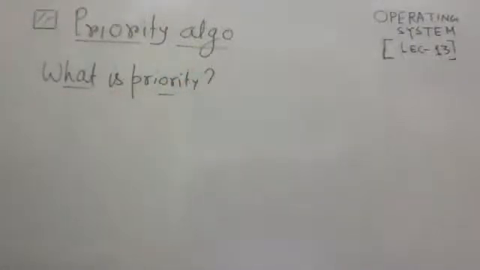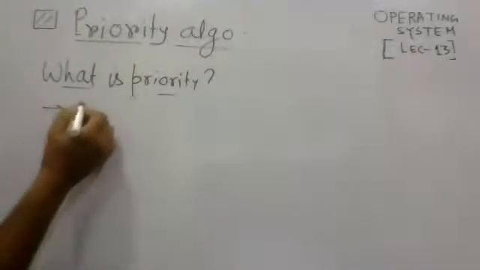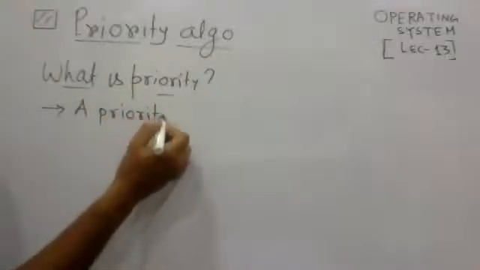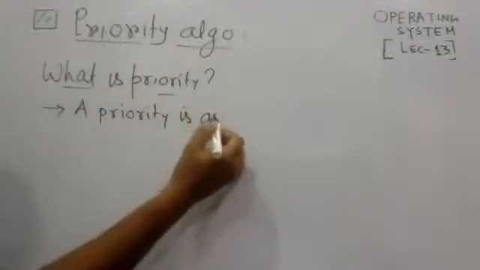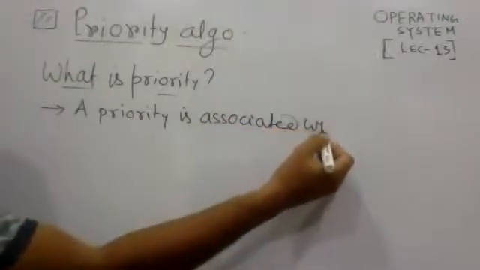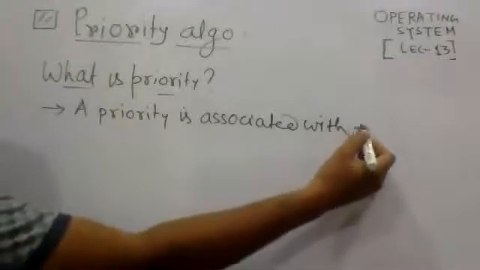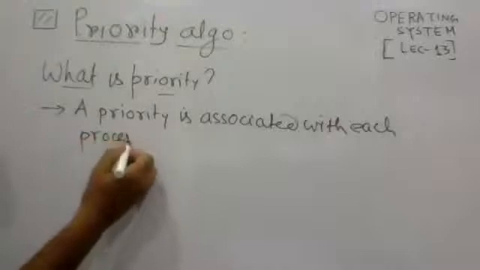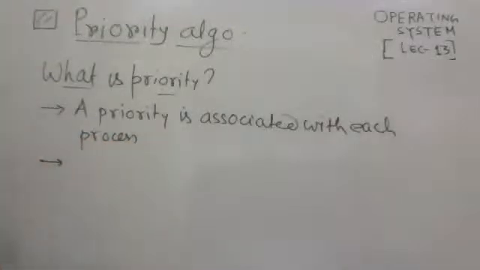A priority is associated with each process, and it is basically a number.